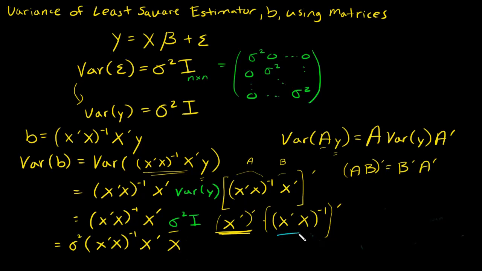Let's talk about this guy for a second. We know that X transpose X is symmetric. If X transpose X is symmetric, then X transpose X inverse is also symmetric. That's a property of matrices: if you have a symmetric matrix and invert it, you still have a symmetric matrix. So this guy is equal to its transpose, by definition of symmetry.